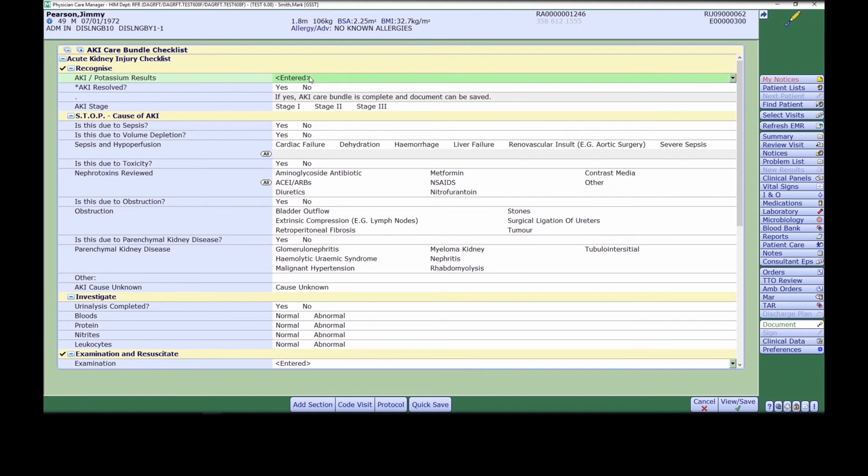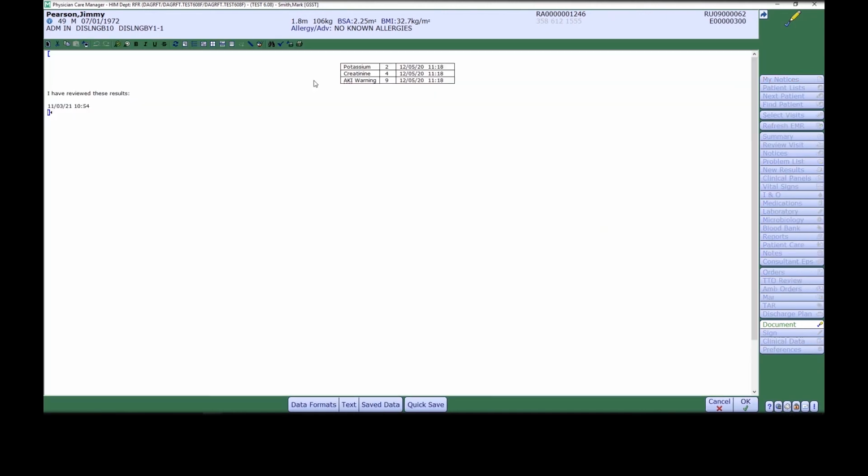When it prompts you to do that, you would click here and it will bring all of those in. So in this patient, fictional example, the patient's got potassium of 2 and an AKI warning of 9, which obviously doesn't exist. But the staging will be between 1, 2, and 3, or 0.